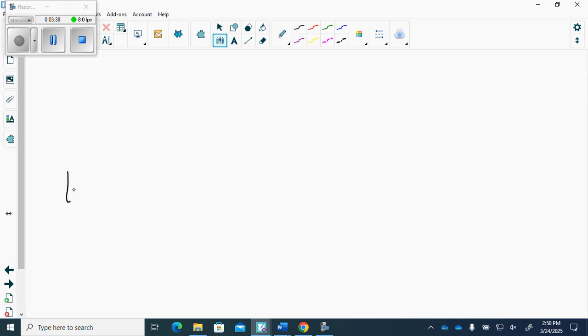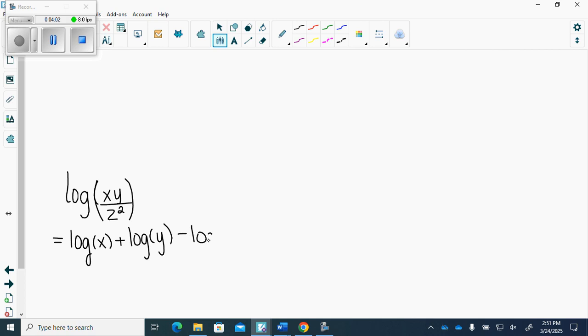But if I gave you like log of x, y over z squared, let's say, how could I separate these? Log x, plus, because y is in the numerator, log y, and then minus log z squared, and like you said, the 2 could come in front, right? True? We're doing the exact same rules.